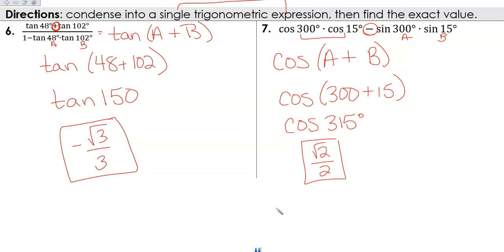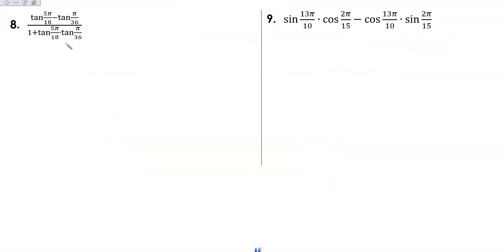Keep it easy. All right, so let's go ahead and take a look at one with our radian angle measures. Again, we should see that this is tangent, and my two angles are 5 pi over 18 and pi over 36. I want to know if I'm going to be adding them or subtracting them, so I look at my numerator. My numerator is subtraction, so I'm subtracting these two angles.